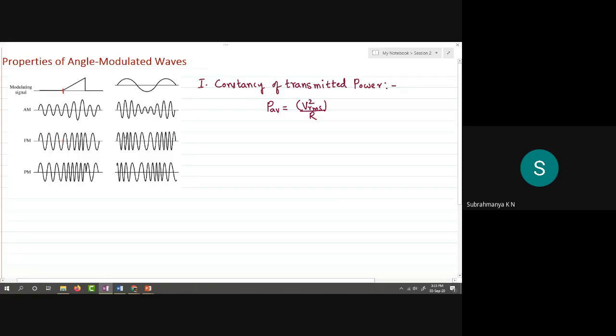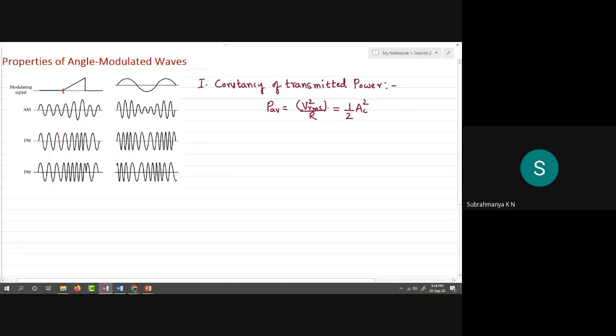But in case of FM and PM, both are types of angle modulation. So as you can see, there is no variation in the amplitude of these waveforms. So we are going to only vary either the frequency or the phase of the carrier. So with that, I can say, if I take R as unity, 1 ohm, the average power consumption of the angle modulated wave can be written simply as half Ac square, where VRMS is Vm by root 2.